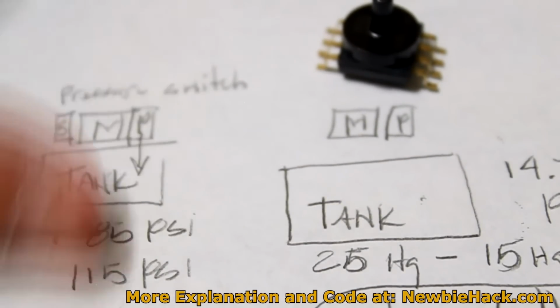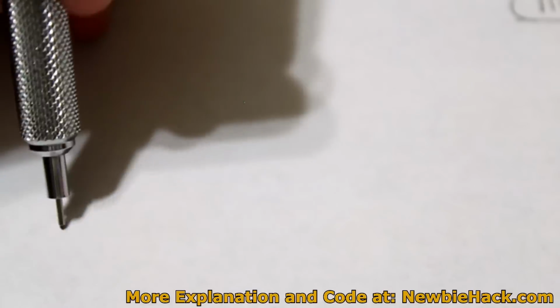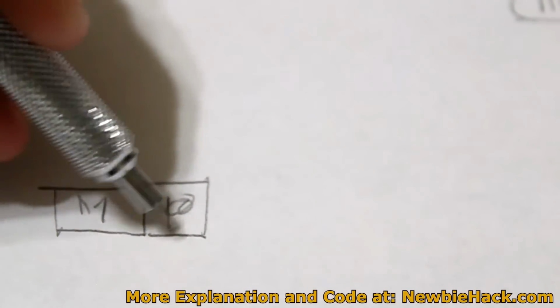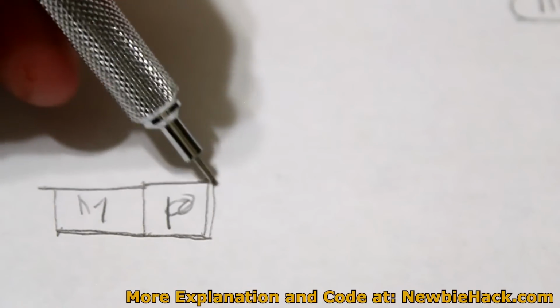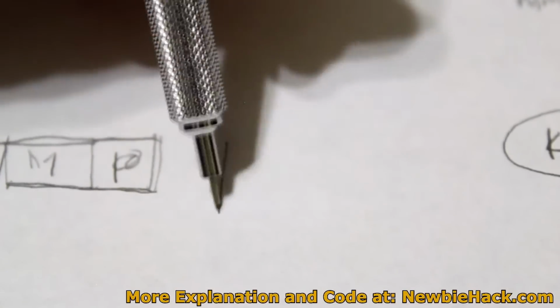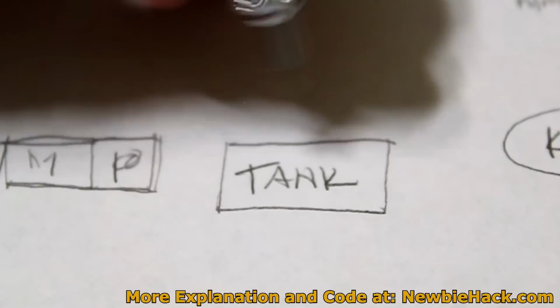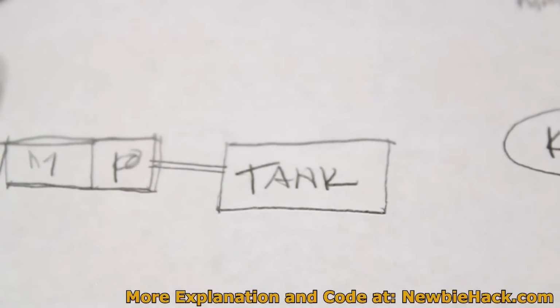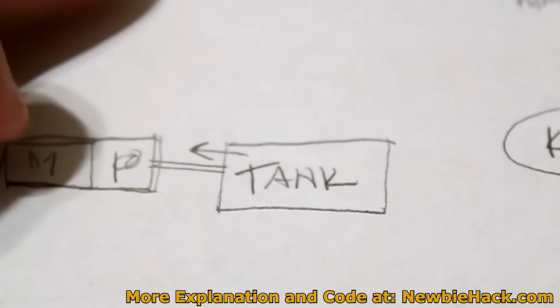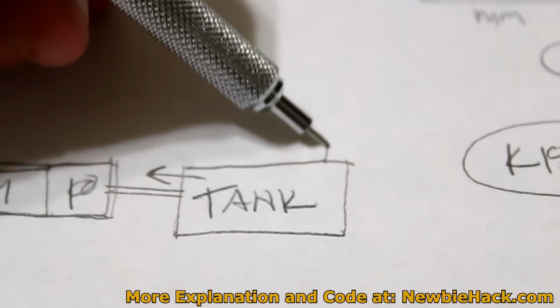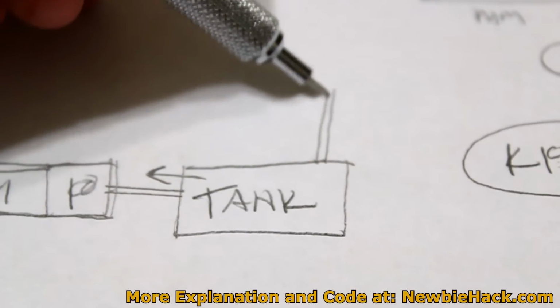So to review, we have a motor and a pump, and generally this is just one unit. It's a vacuum pump. We'll have a tank. This will be connected to the tank, sucking air out of the tank, and the tank will go to the nozzle of the pick and place machine.